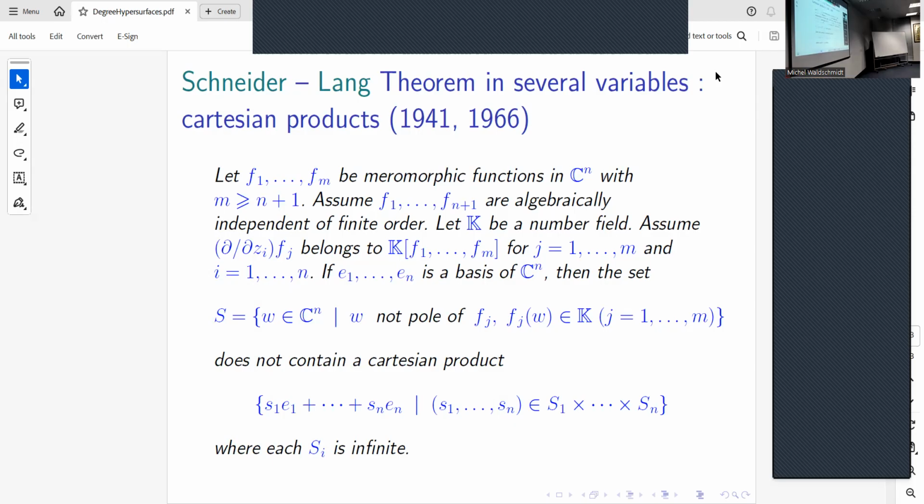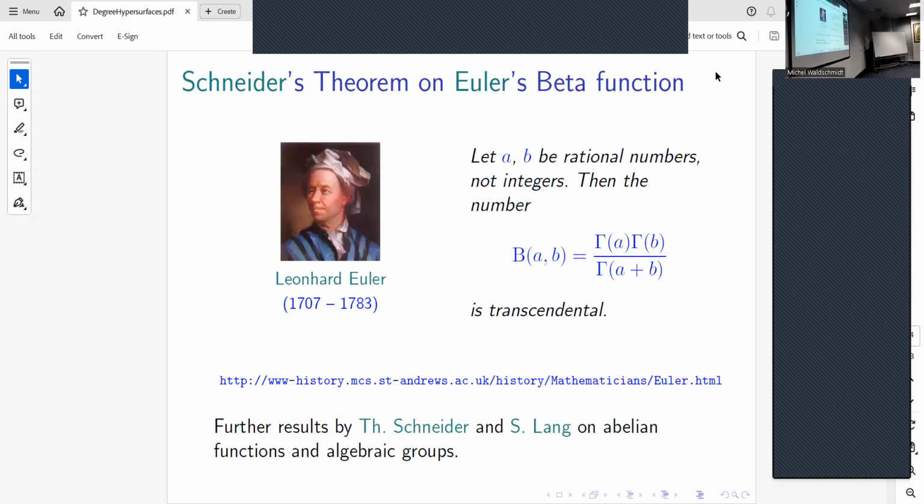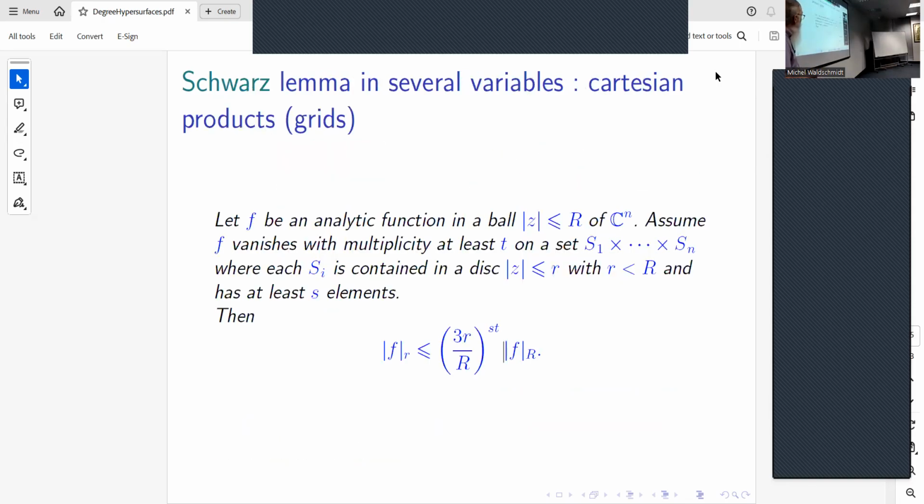So this was the second conjecture of Nagata. The result which I just gave was useful to prove the transcendence of some numbers, like the beta function of a and b. This number is transcendental, and there are many other numbers whose transcendence uses the theorem of Schneider-Lang with the product.